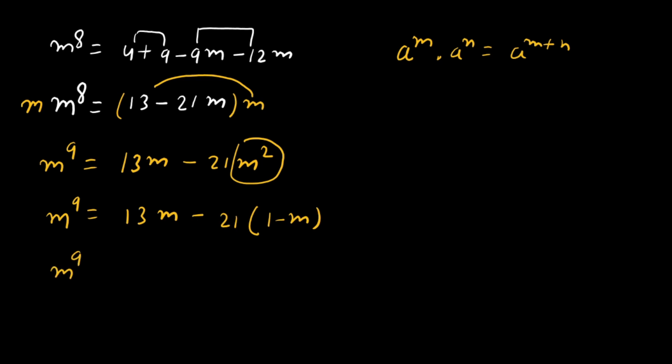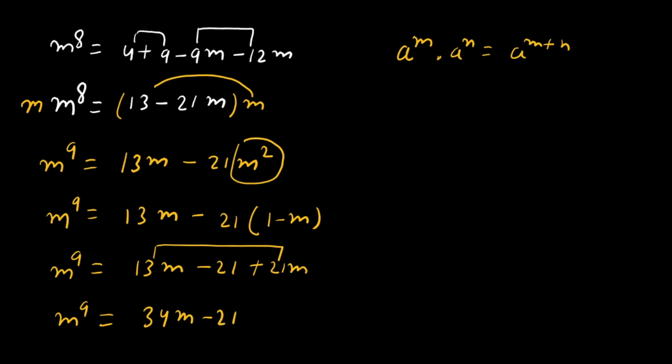Then m power 9 equals 13m minus 21 multiplied by 1, then we get minus 21, and minus 21 multiplied by minus m, then we get plus 21m. M power 9 equals 13m plus 21m, that is 34m minus 21.